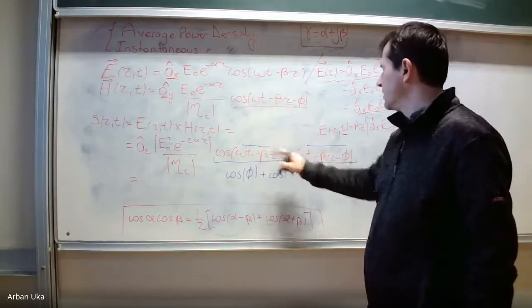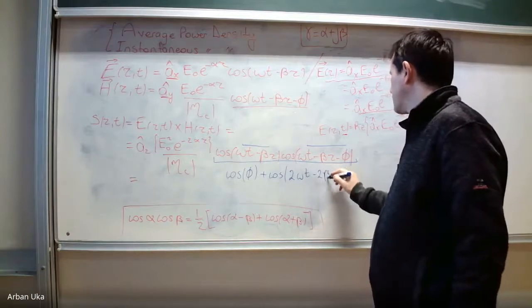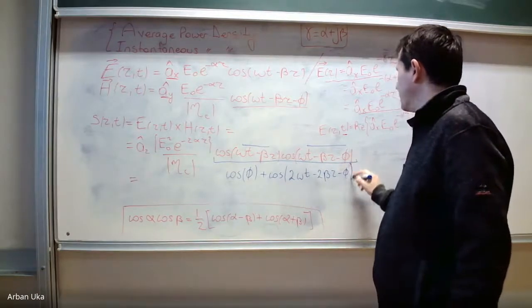If we add these two terms, we get 2 omega t - 2 beta z - phi.